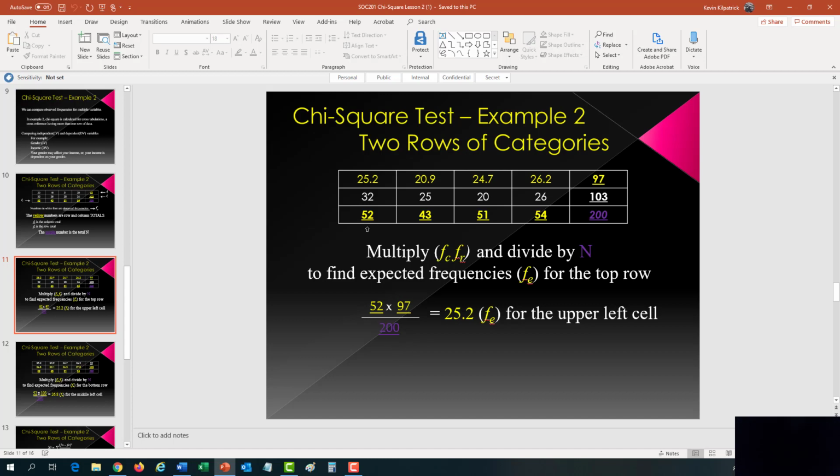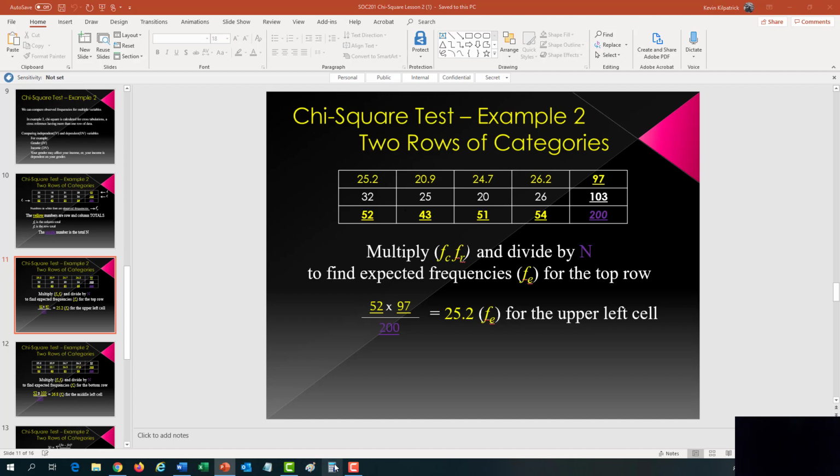Here's the column total of 52 times the row total of 97. And then I'm dividing that by the total n, 200. So if I do that, 52 times 97 divided by 200, I'm going to get 25.2. And that is my expected frequency for this top left cell.